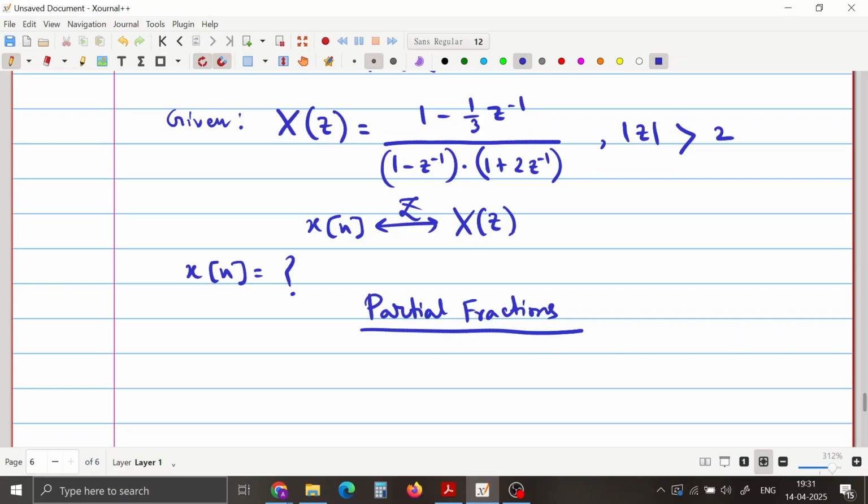For these kinds of forms of X of z, we have a linear term in the numerator, and a product of two linear factors in the denominator. Depending on the form of the transfer function, you have to follow the rule of partial fractions.